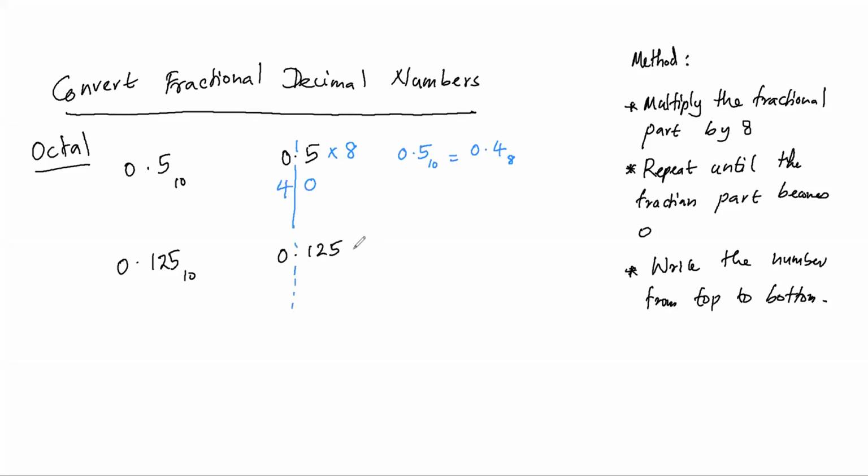So we multiply by 8 to get 1.0. So this becomes 1. So that's all. This is 0. So which means 0.125 in base 10 becomes 0.1 in base 8. So this is the answer.